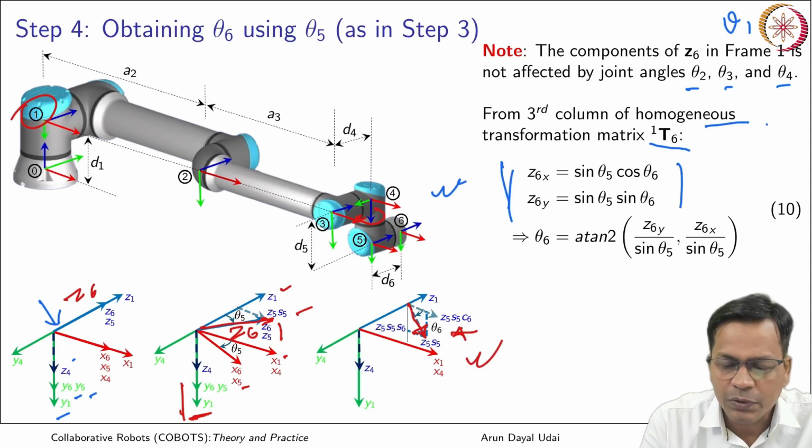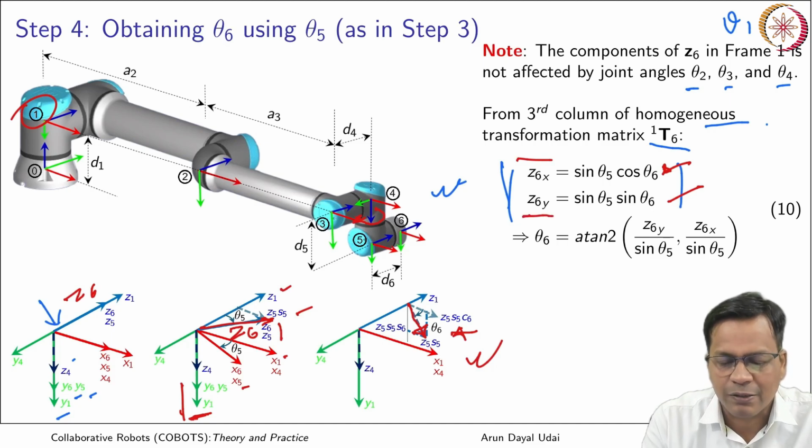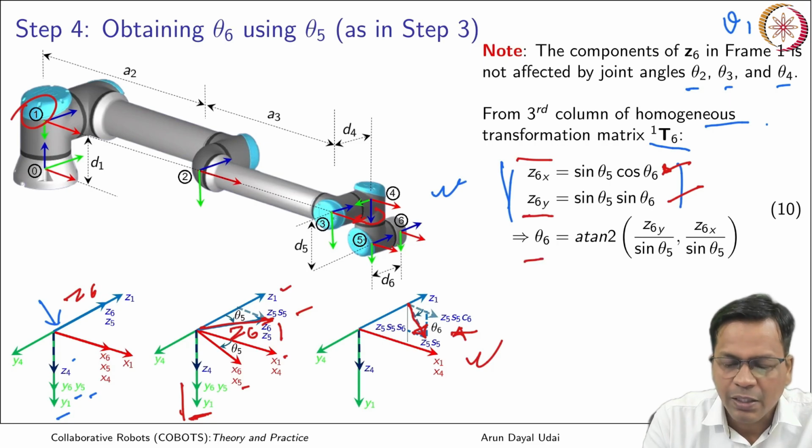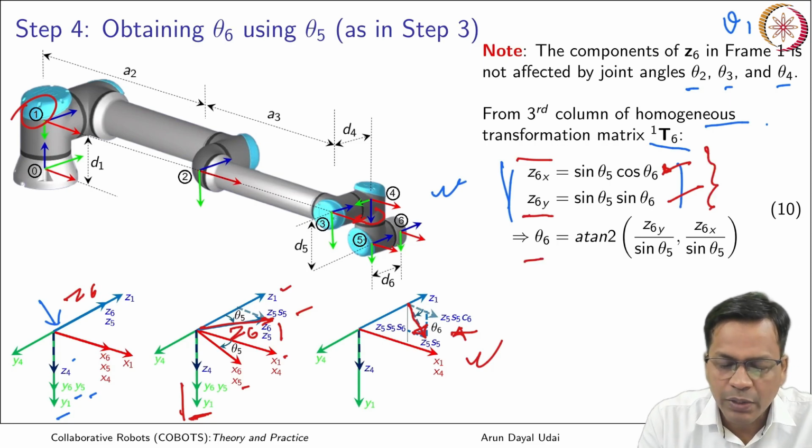So same comes at these two locations. So it is actually a unit vector. So you will see only the sin theta 5 cos theta 6 as Z6x. Similarly Z6y will be sin theta 5 sin theta 6. So theta 6 can be obtained by these two. So that is written as arctan2 of Z6y by sin theta 5, Z6x by sin theta 5.